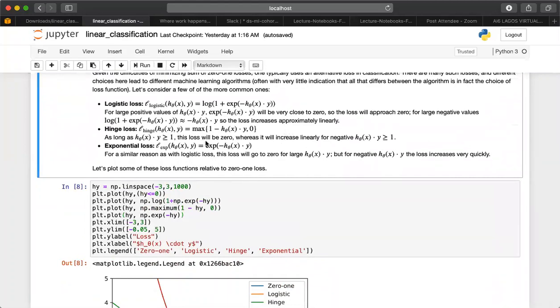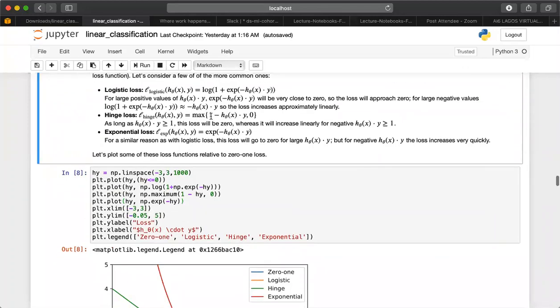So the hinge loss is a bit different. We are picking basically the maximum of 0 and 1 minus h times y. Permit me to call the h of theta times y, hy. So whichever is the maximum of 1 minus hy and 0, that is what our loss is.